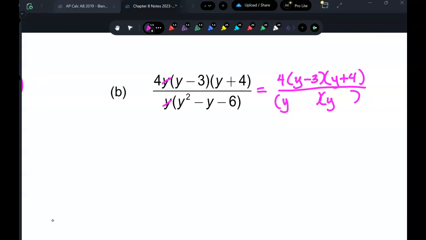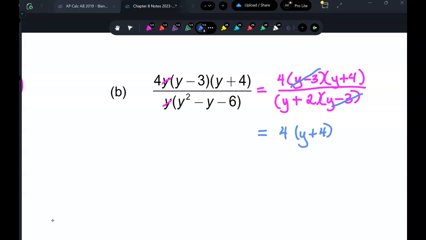Okay, so unfoil it. What multiplies together to give us a -6 and combines to give us a -1? 2 and negative 2. Which one has to be negative? The -3 and plus 2. Okay, what can I cancel now? Y minus 3.